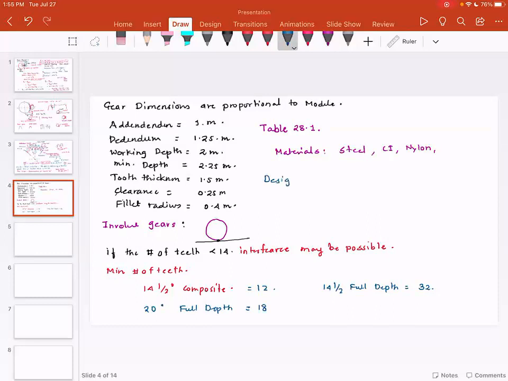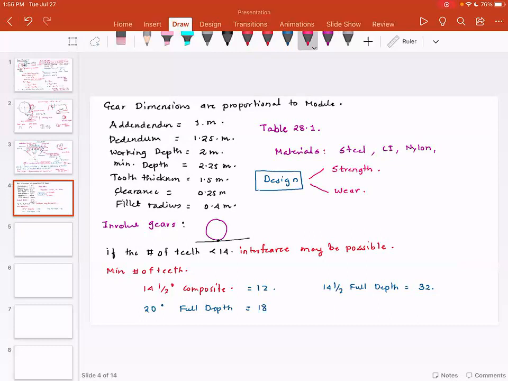When we design the gear, there are two important things. One is strength, which means the gear should be strong. And the second thing is wear, which means the gear should not wear very quickly.